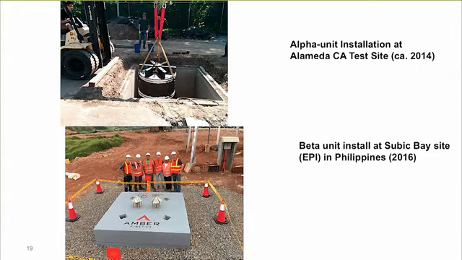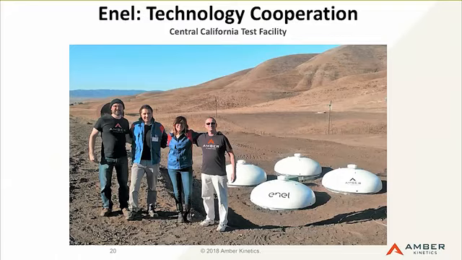One of the early units was installed at a Subic Bay site in 2016, and this is still not the corrugated metal can installation, but nevertheless is here, and that's sort of the christening of that device. We have more utilization.